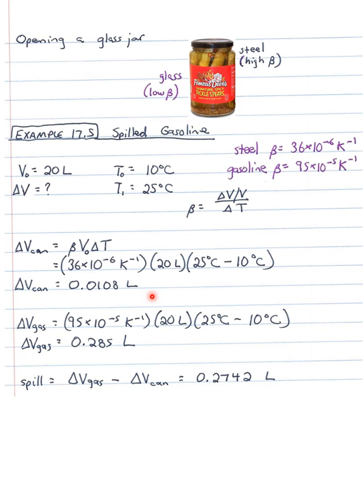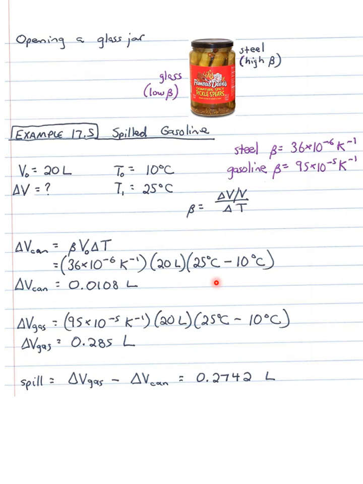Also, the beta, I wrote it in 1 over Kelvin. I could have just as easily written it in 1 over Celsius degrees. We're multiplying by Celsius degrees, and whether it's Kelvin or Celsius, they're the same thing. It'll divide out. We're left with the can expanding by 0.0108 liters. That's the answer to the first question.